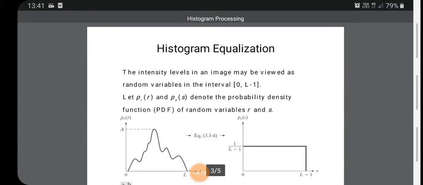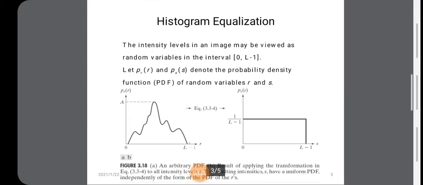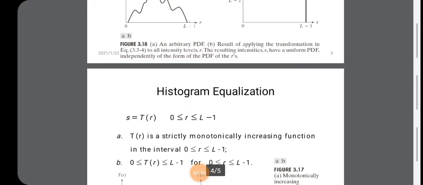Histogram equalization. In this equation, we have a probability density function. Consider a histogram graph from 0 to L minus 1, where L is the number of gray levels. For an 8-bit image, it is 256 minus 1, that is 255. If we have a histogram graph like this, we have to normalize it like the right-hand side graph, all in between 0 and L minus 1.